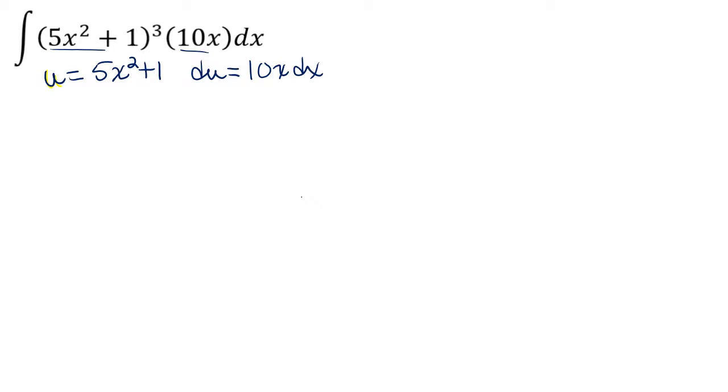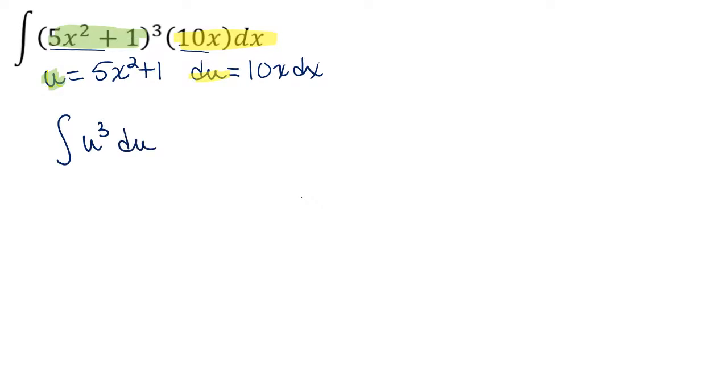So what I can now do is, instead of this 10x dx, I can write that as du. And instead of this 5x squared plus 1, I can write that as u. So this turns into the integral of u cubed du.